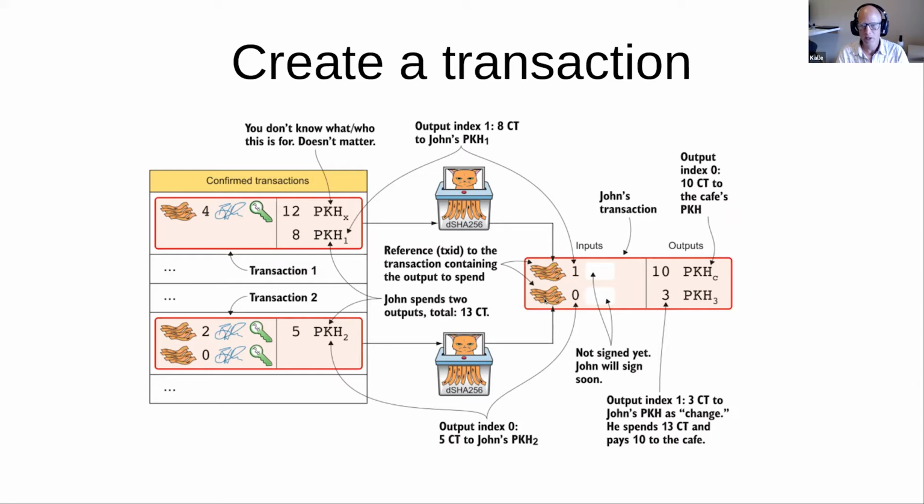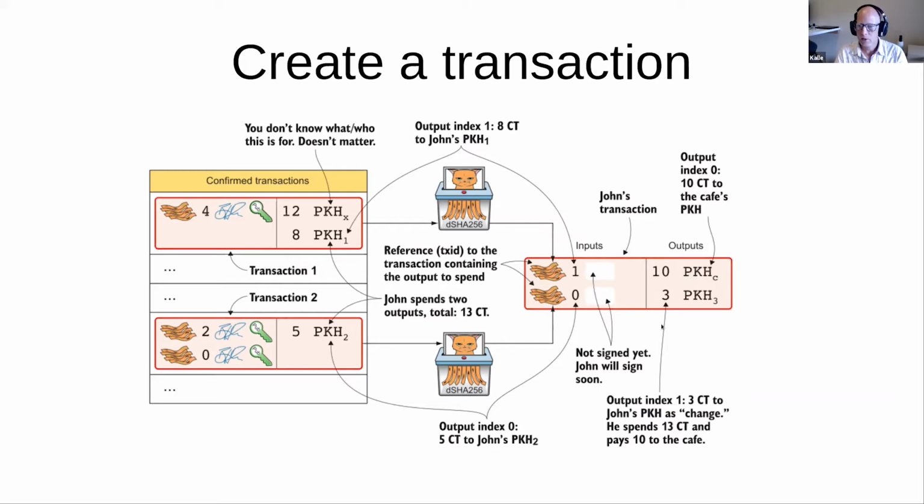A transaction ID is used to refer to transactions, and it's the hash of that transaction. So this input refers to output 0 of this transaction here.